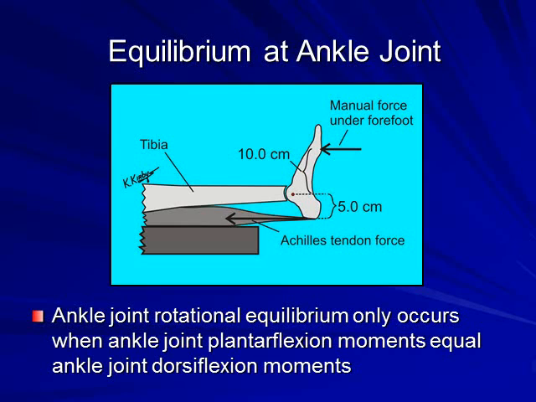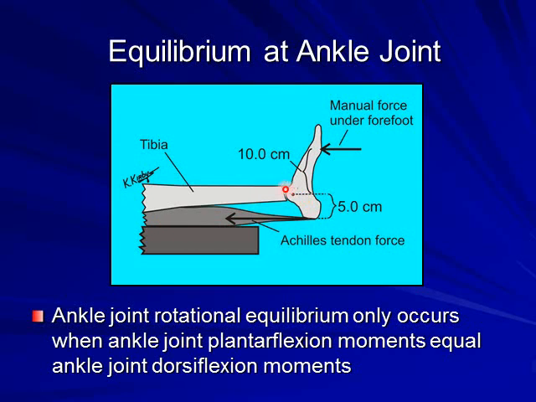Next, let's look at the ankle joint and how understanding equilibrium can help us understand the forces not only within the ankle joint, but also the compression forces that occur between the top of the talus and the bottom of the tibia. First of all, let's look at this model I've created.